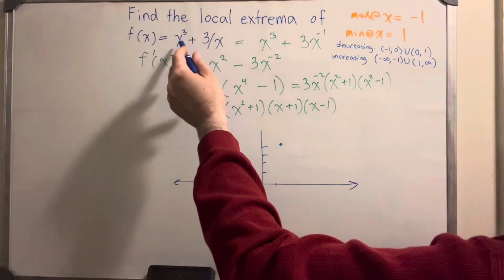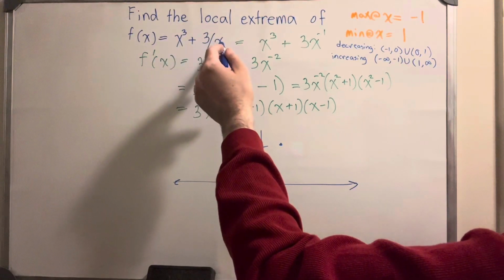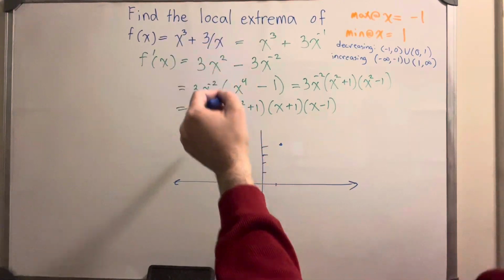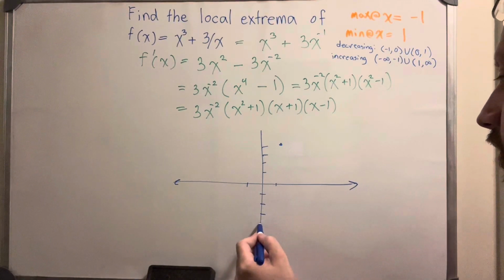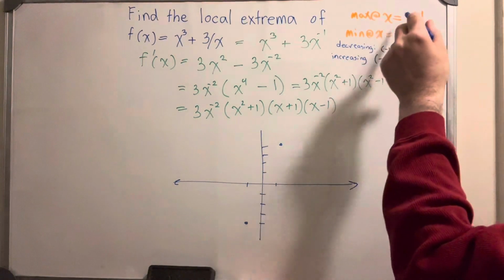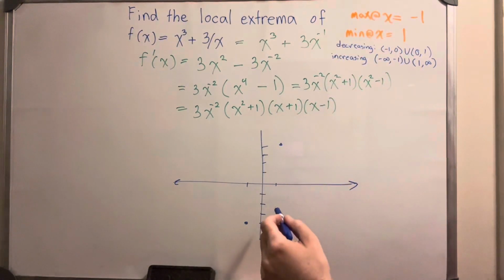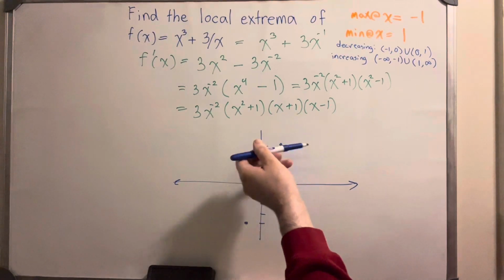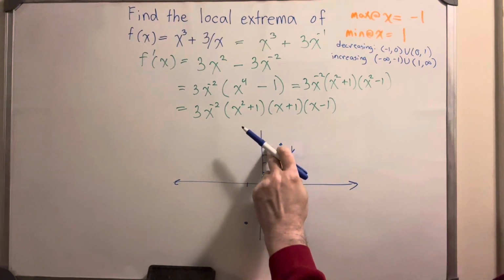Now look at this. If x is negative 1, negative 1 cubed is negative 1. 3 over negative 1 is negative 3. So negative 1 plus negative 3 is the same as negative 1 minus 3, which is negative 4. And now we know that this is going to be a min, so it's not going to go down here or here.